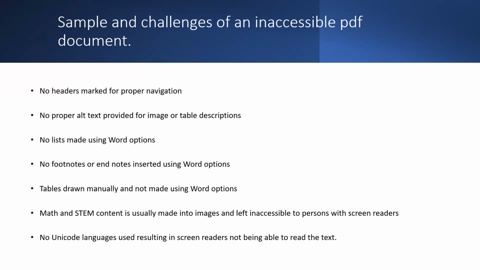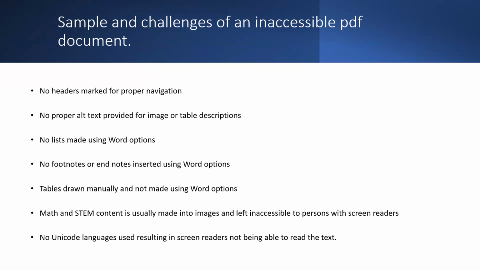Drawing makes it look like it's in a table format, but when the screen reader comes over there and the Word option for table is not used, it does not recognize it as a table. So it does not allow you to use any functionality that was assigned in Word for using tables, like navigation, reading headers and footers in the table. So all those navigation options are omitted if you draw it manually.